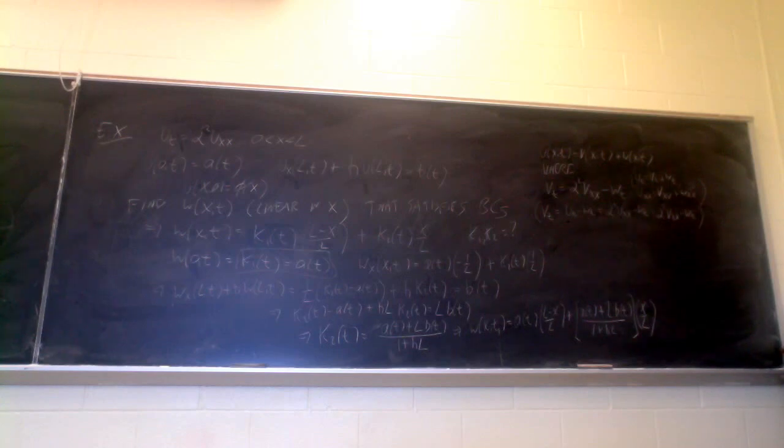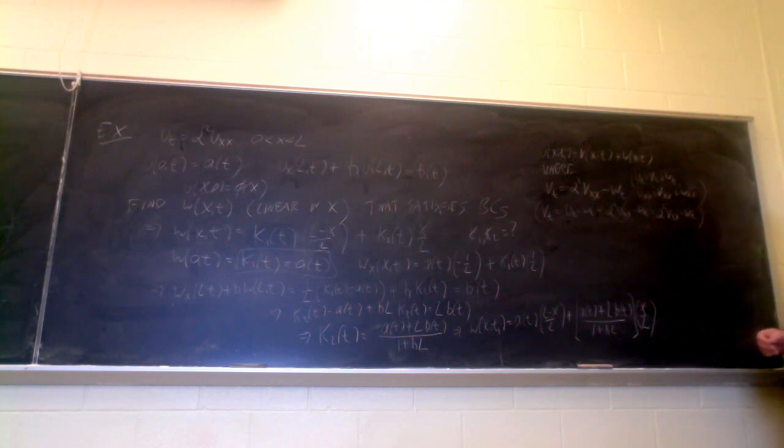So there you can see in full where the new PDE comes from. What you've done is you've made a trade. You've traded non-homogeneous boundary conditions for non-homogeneous PDEs. But we know how to solve non-homogeneous PDEs. That's the previous section.